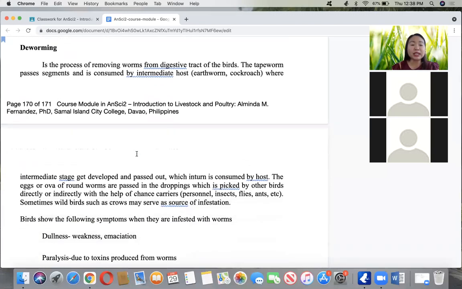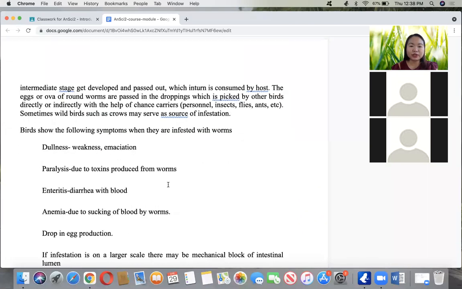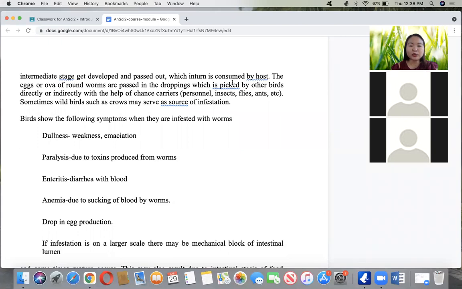So aside from debeaking, meron din tayong deworming, or the process of removing worms from the digestive tract ng birds. Usually tapeworm. They are consumed from earthworm, cockroach, no, yun. And eventually consumed by hosts, and we don't want it to be eaten. Although, namamatay naman lahat pag luto. Pag luto natin.